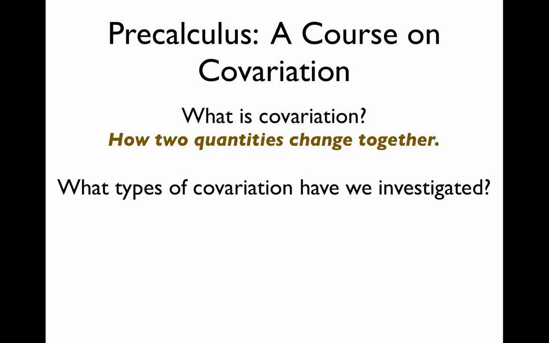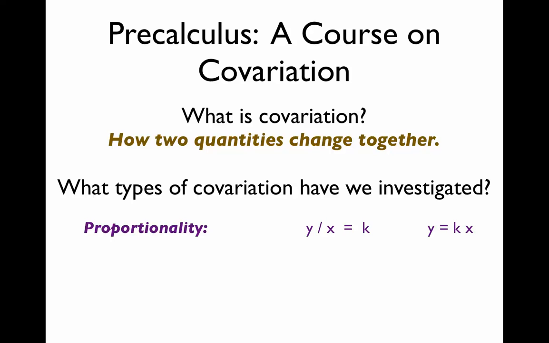And we've looked at some different types of covariation so far this semester. We mentioned proportionality. With proportionality, the two quantities' values are always in a constant ratio. The value of one quantity is represented by y, the value of another by x. As those change together, y over x will maintain a constant ratio.